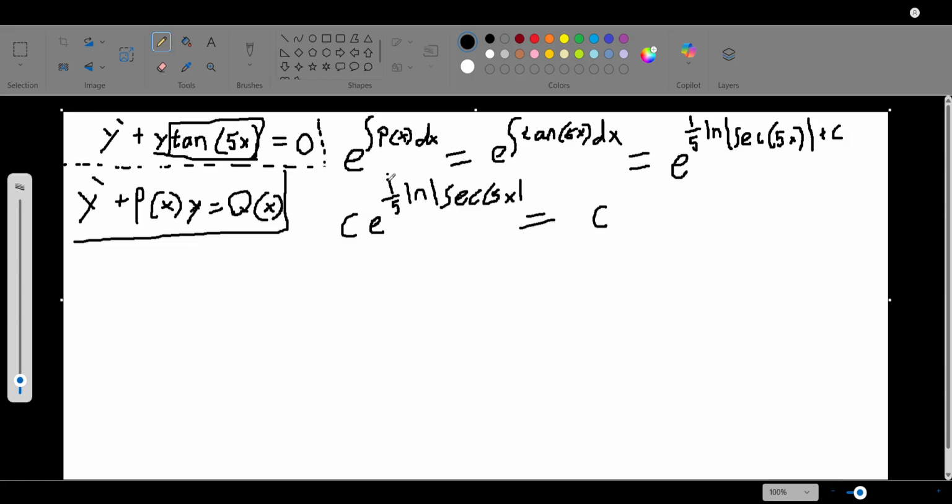So this is just equal to c. And this part right here, the 1 over 5 in the front, you really want to pay attention to, because this goes into the exponent of whatever is inside your natural log whenever e is raised to the natural log of some function. I'm going to show you what I mean.